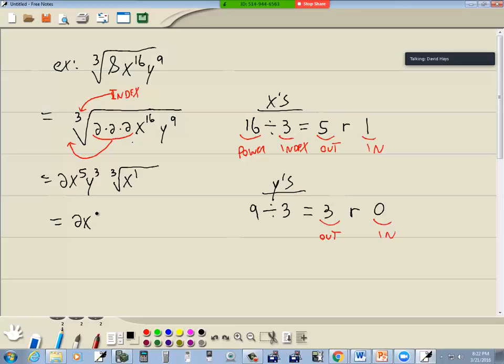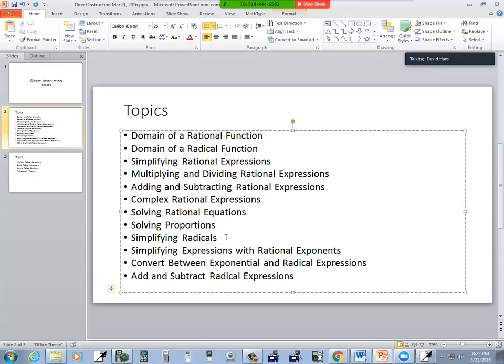So our answer would just be 2x to the 5th, y to the 3rd, the cube root of x. That first power I can drop. Now that's simplifying radicals. That's that topic right there.